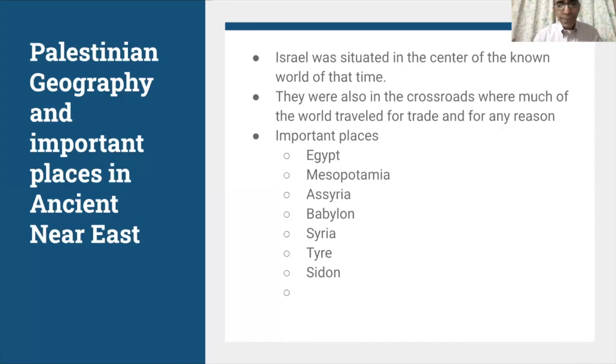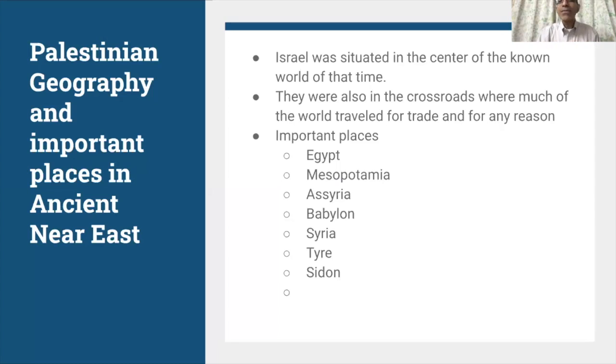And of course, if you begin talking about Rome and Greece and all of that, just further north. So what am I trying to say? These were all very important cities and nations of that time that surrounded Israel, surrounded the people of God.